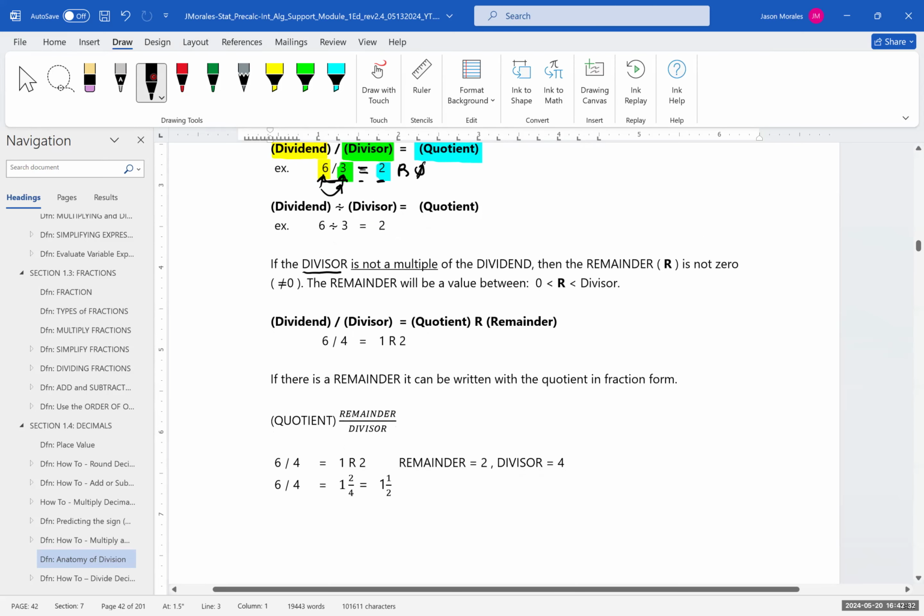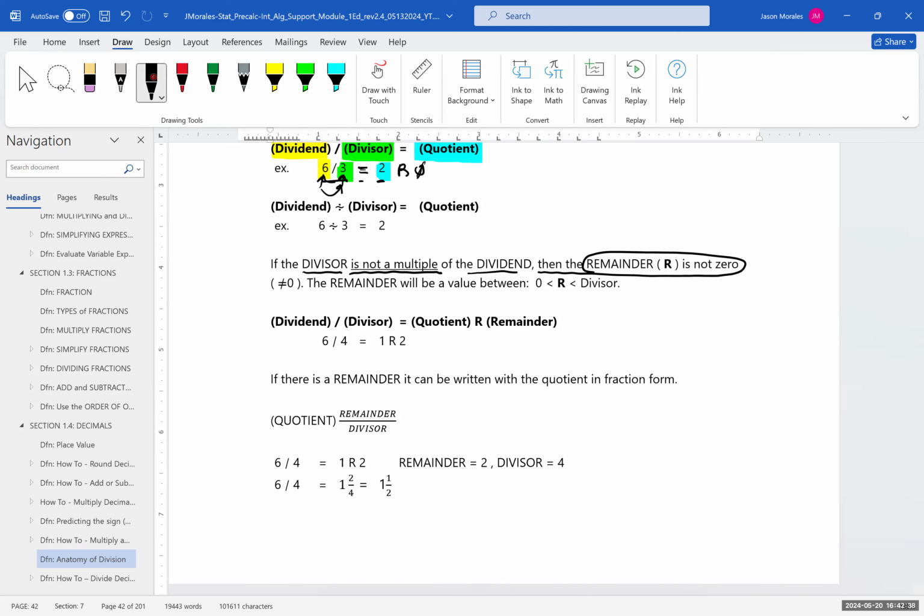If the divisor is not a multiple of the dividend, then the remainder is not 0. The remainder will be a value between 0 and the value of the divisor. So let's look at this example.